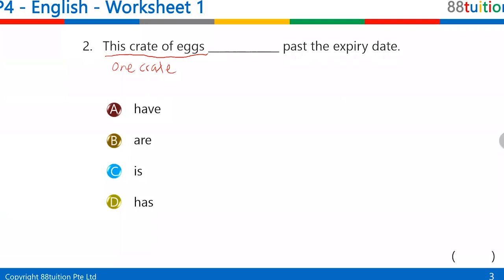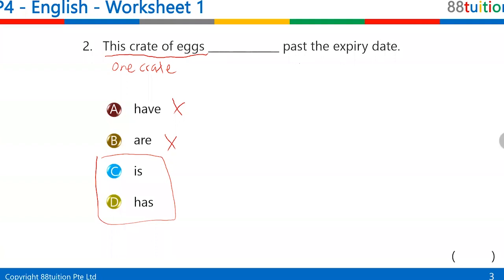One crate of eggs, this crate of eggs, past the expiry date. Can you say have passed the expiry? Are past the expiry? So it's singular, that have and are cannot be used, right? So now the question is is or has?